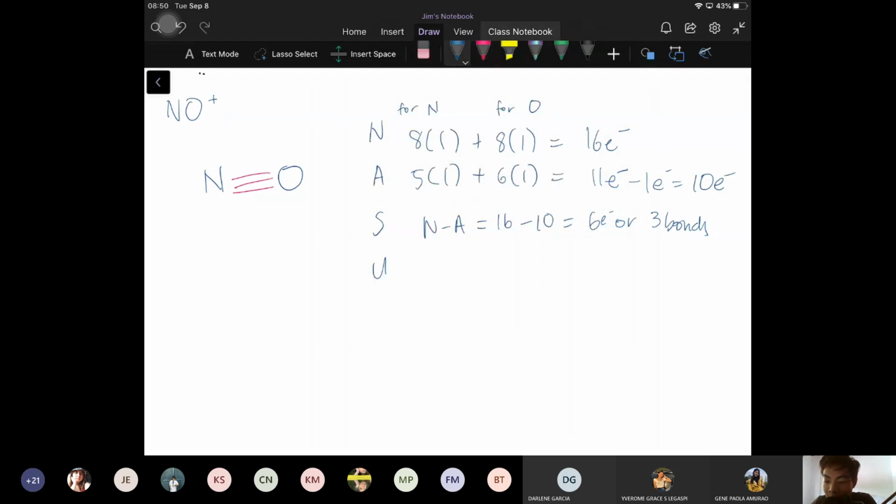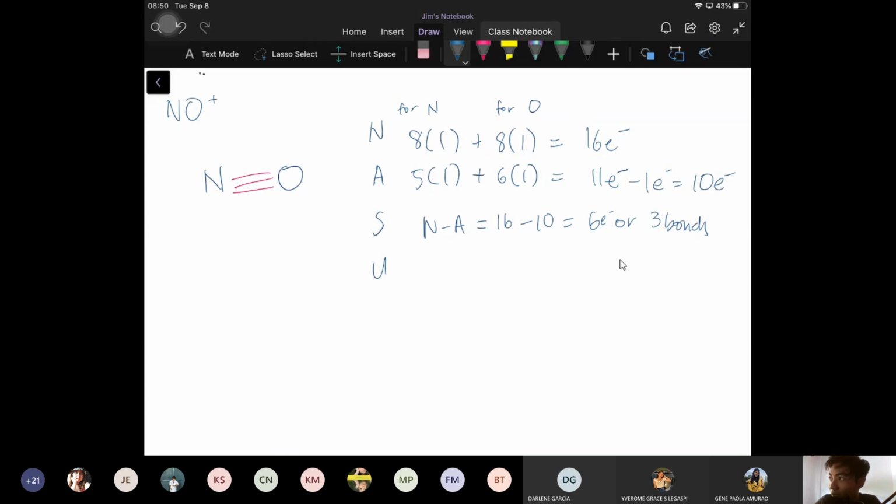Ayan yung hindi kaya ng typical Lewis structure nyo, yung ginaganito nyo nung high school. Hindi niya kaya yan. Kasi isipin mo, 1, 2, wala, paano na? Unlike NOS rule, kayang-kaya.